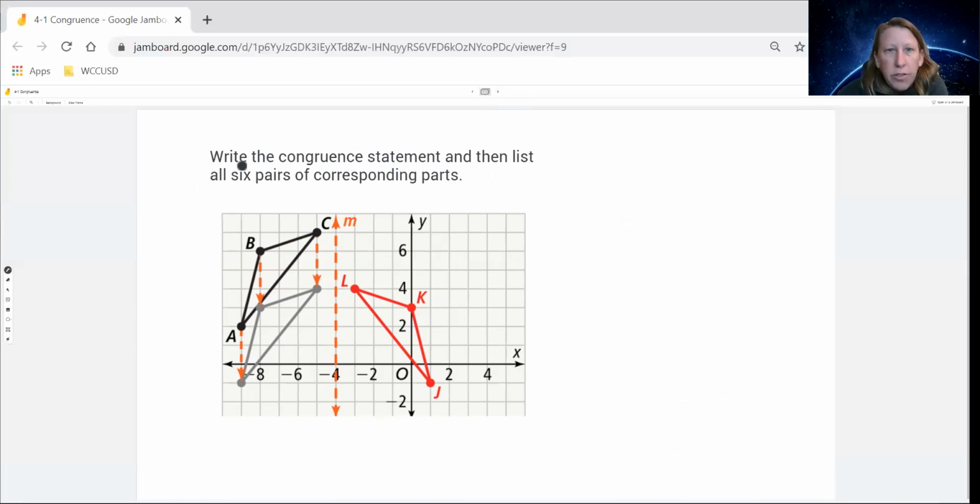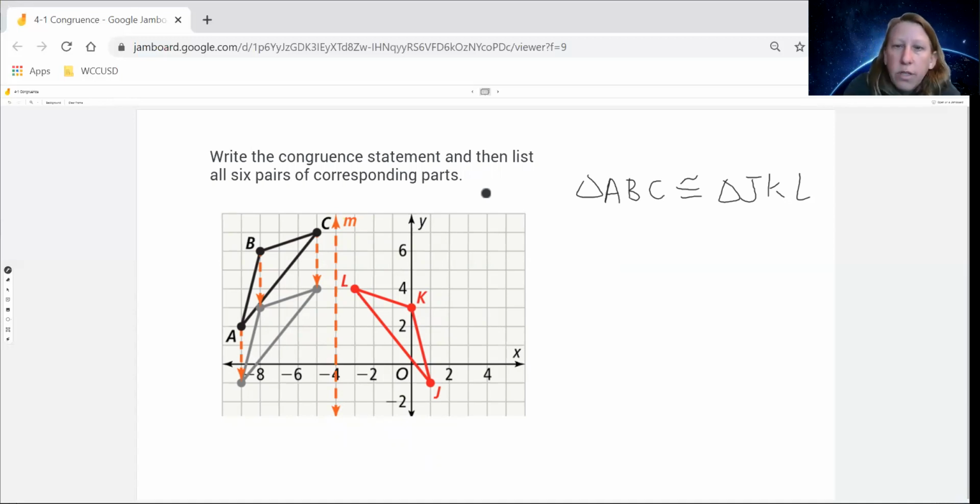The next thing you could do is write a congruence statement and then list all 6 pairs of corresponding parts. So what does that mean? The congruence statement is that triangle ABC is congruent to triangle JKL. The next thing is to make a list of all 6 pairs of corresponding parts.